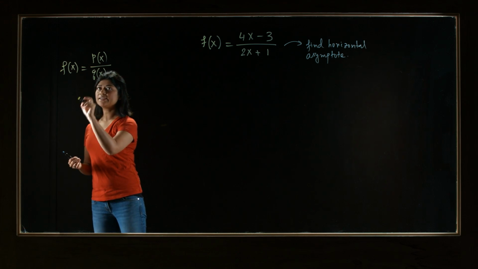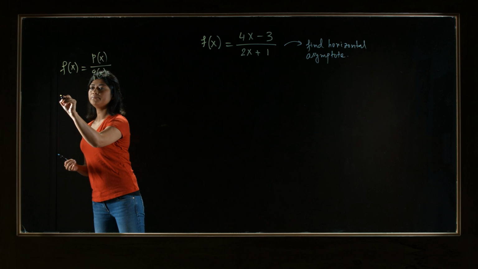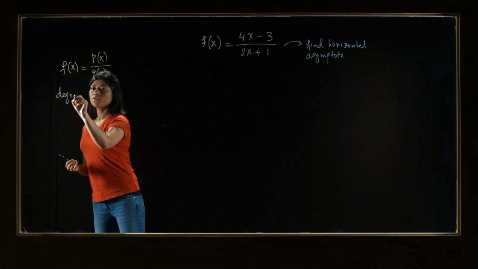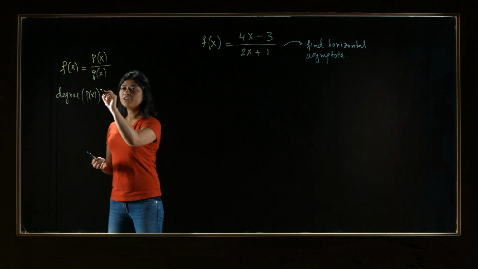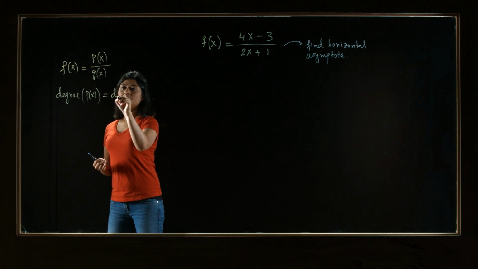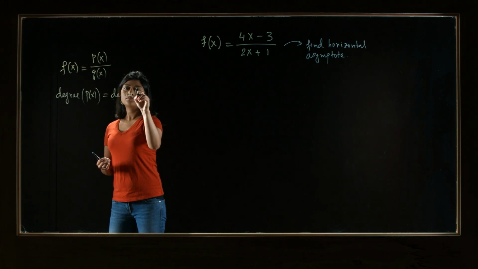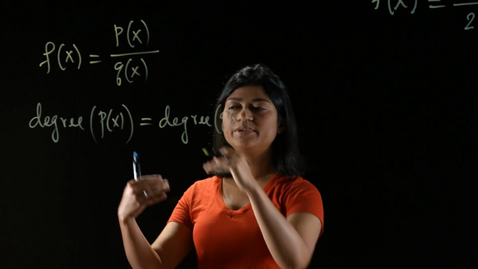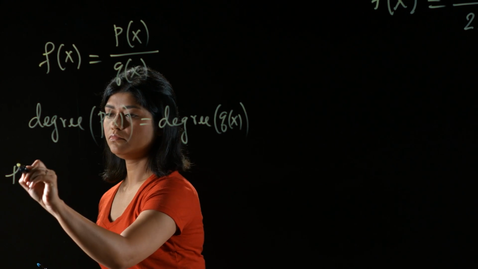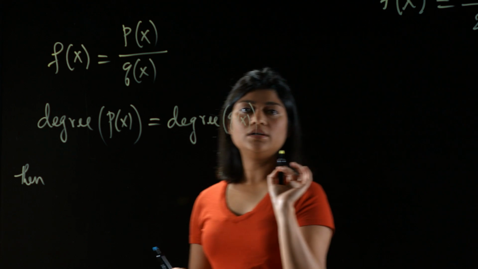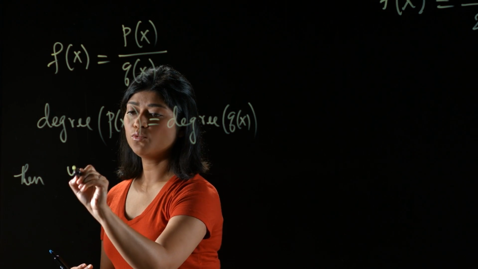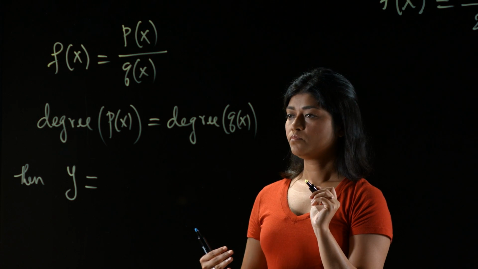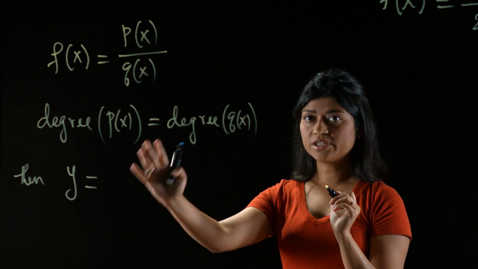One of them says that if you consider the degree of p(x) and it turns out that the degree of p(x) is equal to the degree of q(x), so they have the same degree, then the horizontal asymptote is a horizontal line, the line y equals a constant. What is that constant?